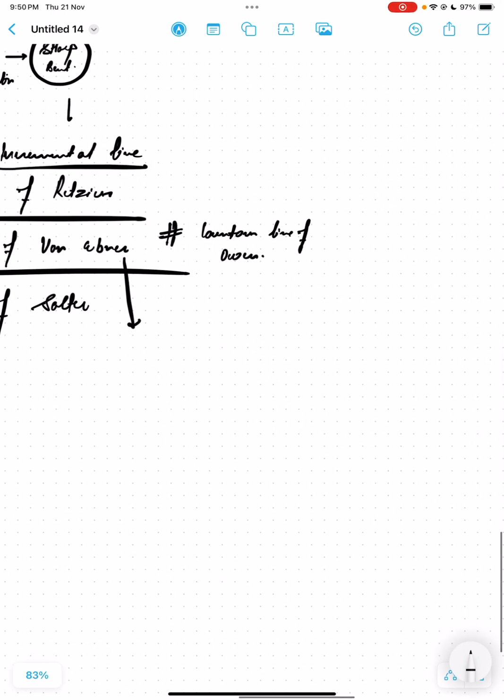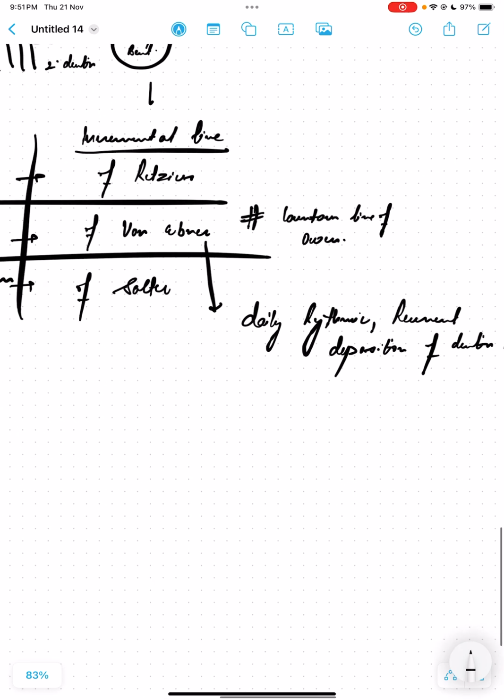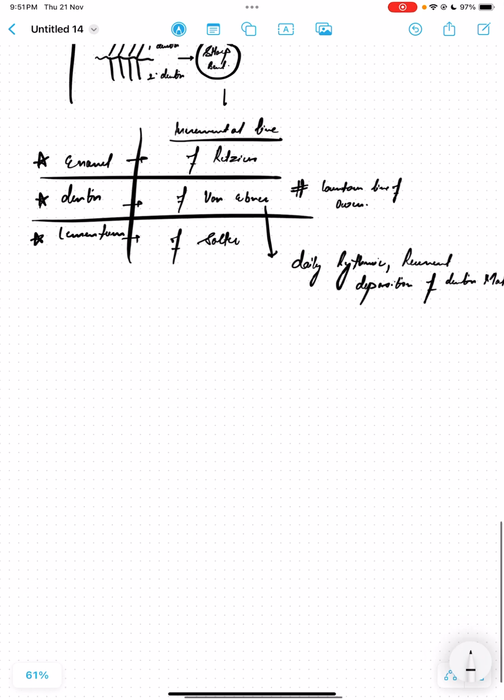I am mentioning it here: daily, rhythmic, recurrent deposition of dentin matrix. Okay, when this gets accentuated, then it is called the contour line of Owen. Okay, then there is something called the neonatal line.